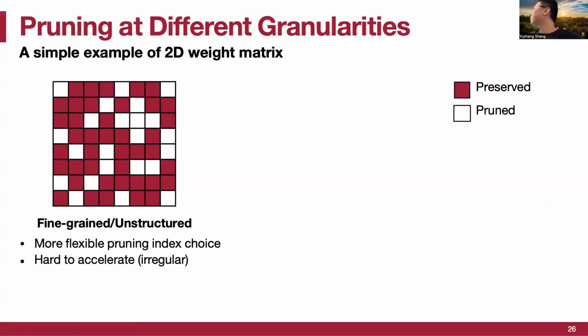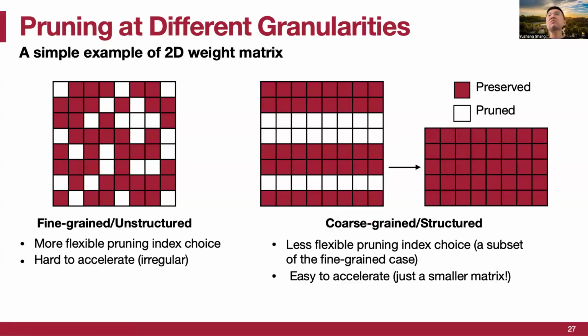Compared with unstructured pruning, we also have structured pruning. Structured pruning is more coarse-grained. It's not that fine-grained. Still using this 2D weight matrix as an example, if this is an eight by eight matrix, we can prune some columns out, right?